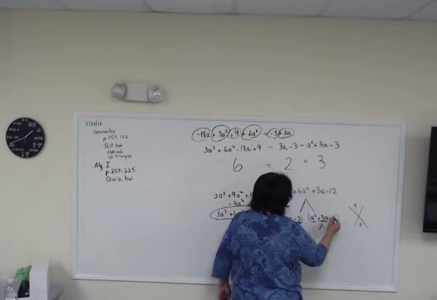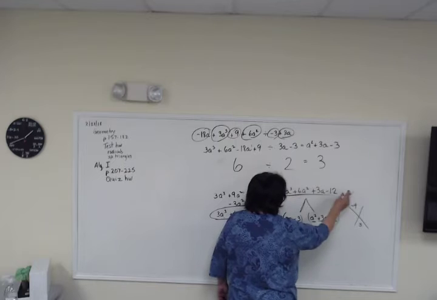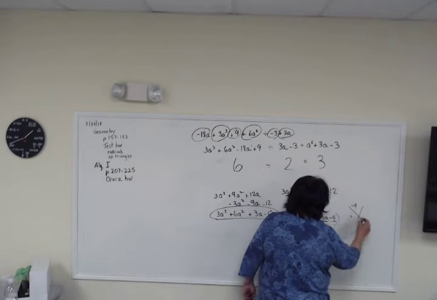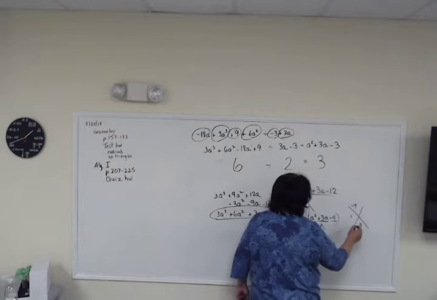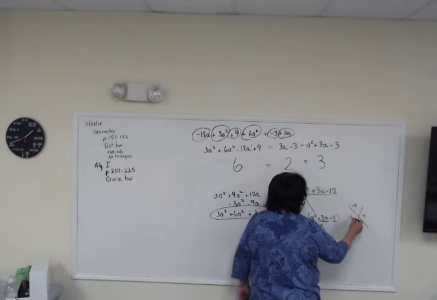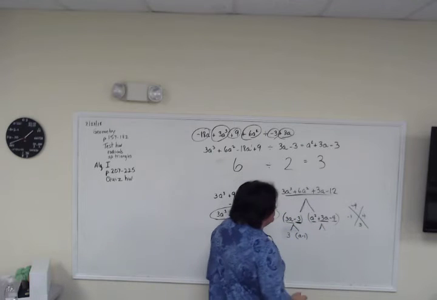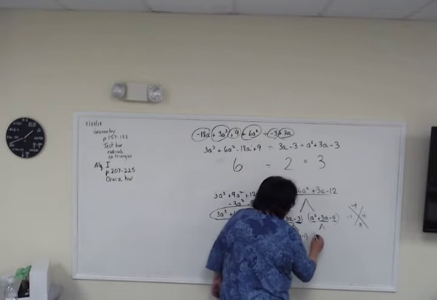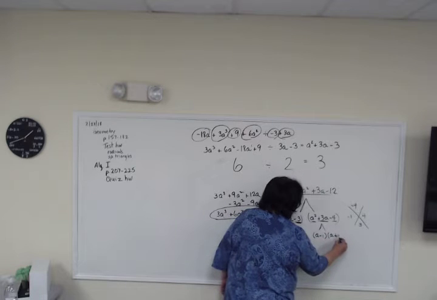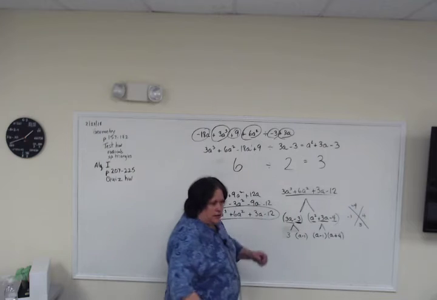Let's just pretend like it's negative 4. This is not exactly right, but let's pretend like it's negative 4. So we're going to do negative 1 times 4 equals negative 4, and negative 1 plus 4 equals 3. So then if it were this, this would factor to a minus 1, a plus 4. Does that make sense?